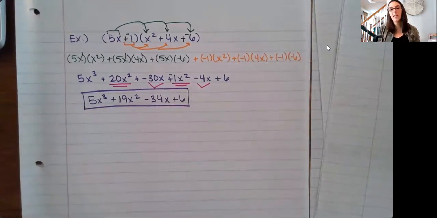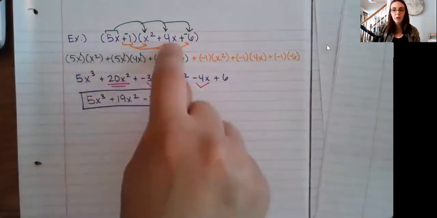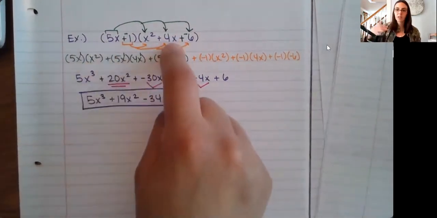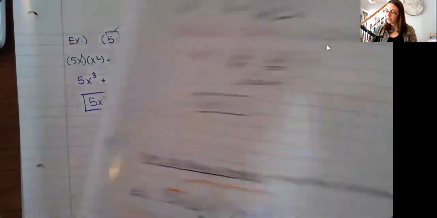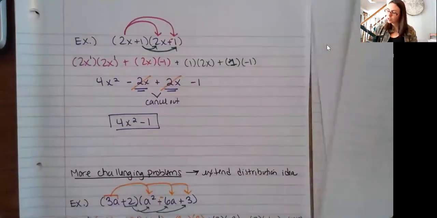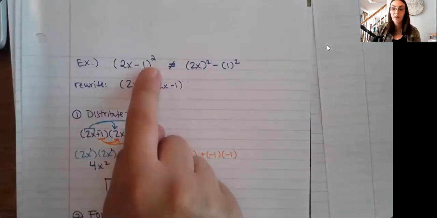Now we can take these techniques we already know and extend them even further. I could do a trinomial times a trinomial. I could have 4 terms here or 5 terms here, it doesn't matter. So we just keep extending this distributing idea. The same thing would be true if I wanted to, over here, and I'm not going to do it today, but over here we did a square problem, right? If I want to do a cube problem, I could do the same thing.